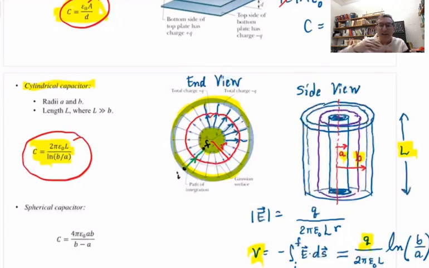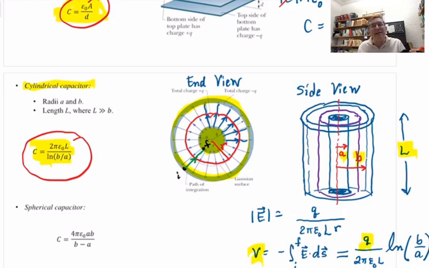It depends on the length L this way, on the radii a and b. The closer those two radii are to being equal, the larger the capacitance, because of that log of b over a in the denominator. So that's the formula for the capacitance of a cylindrical capacitor. That's going to happen if you have what's called coaxial cable.